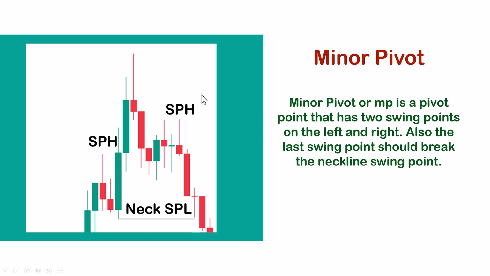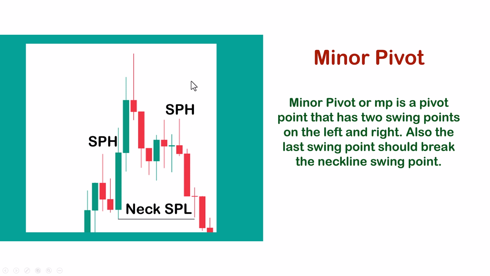Sometimes the swing point high on the right side happens before the break of the neckline. Sometimes it happens after the break of the neckline. It doesn't matter. We have one swing point high on the right side as well as the left side, but it is not very important for us.